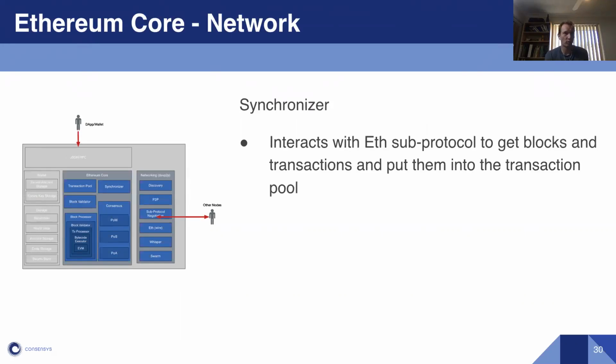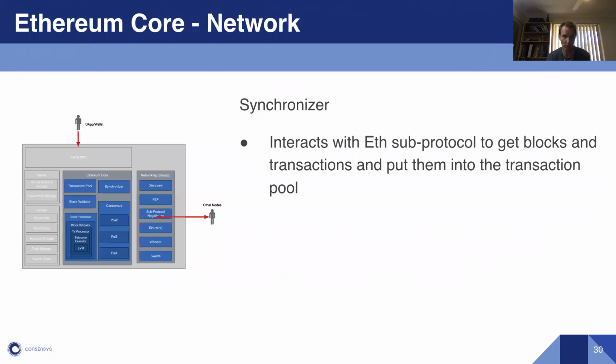So I'm going to hop back out and think about how things interact a little bit. If we look at the Ethereum core and the Ethereum network, there are all these transactions happening that might be coming in from another node, or blocks might be coming through. Those are then pushed through to the synchronizer.